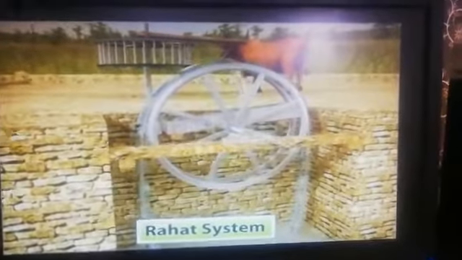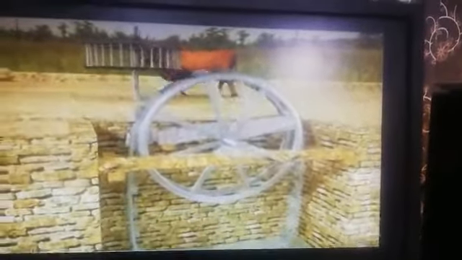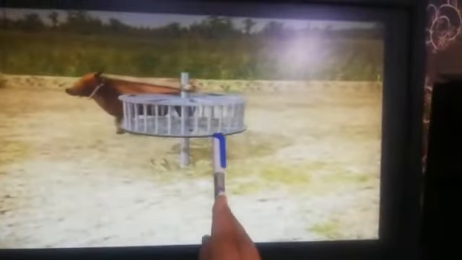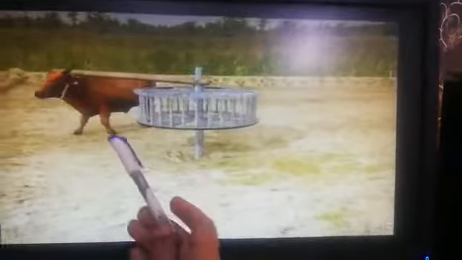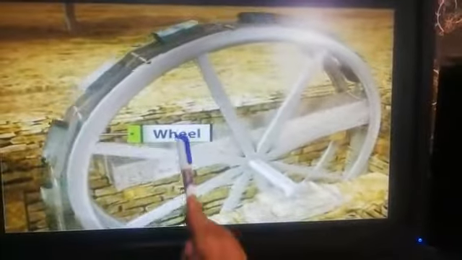And the next system is the rahat system. In this system you can see the wheel, and a series of buckets is found here. An ox is moving beside the wheel, and a belt of buckets is found here, and the wheel is moving again.